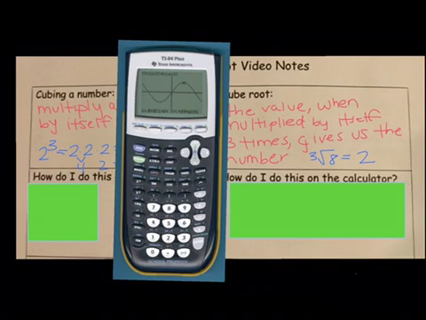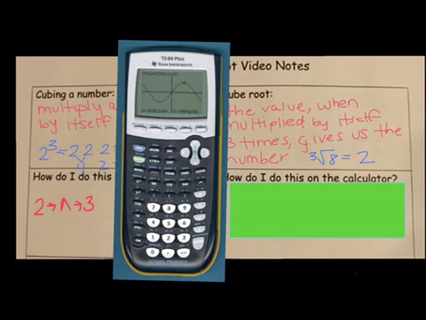The way you do this on a graphing calculator is you do 2 caret 3, so 2 to the third. This caret means you're raising it to that power. I'm going to highlight this on the calculator for you, so make sure you're following along.